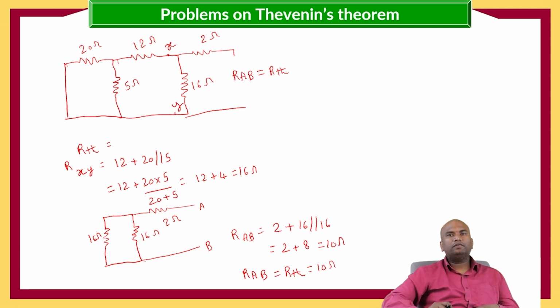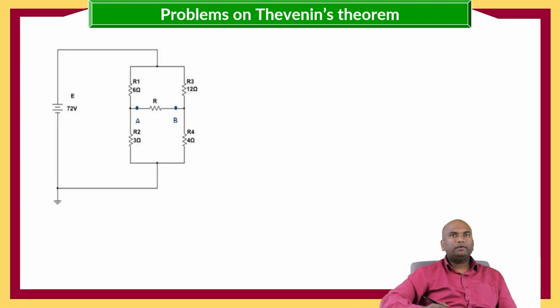Now we got VTH and RTH. So with this we can go with the calculation of load current. Now we need to calculate the Thevenin equivalent between A and B terminals.